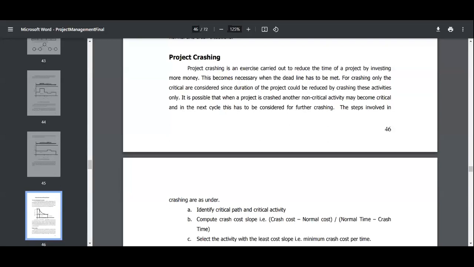It is possible that when a project is crashed, another non-critical activity may become critical, and in the next cycle this has to be considered for further crashing. If you fail to submit your project on deadline and you have 3 or 4 reworks, you waste your time, you have no control of your time.